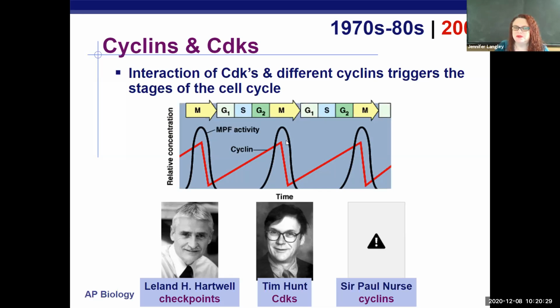And when mitosis was done, they dropped. And then the cyclin would build back up, we'd start having activity, and then it would drop. And they found that this cycle was very consistent. So this was how we determined that these are cycling within the cell in conjunction with those checkpoints.